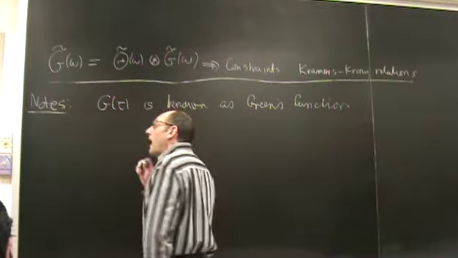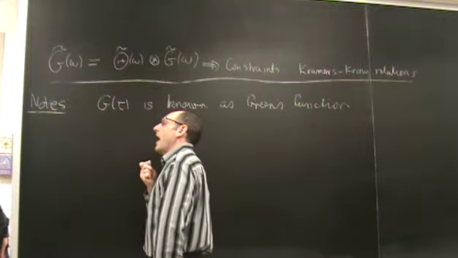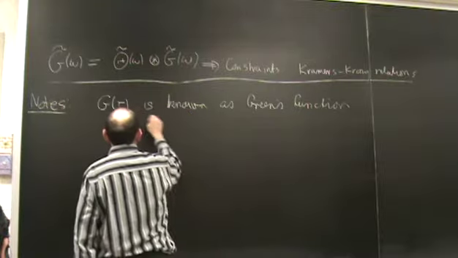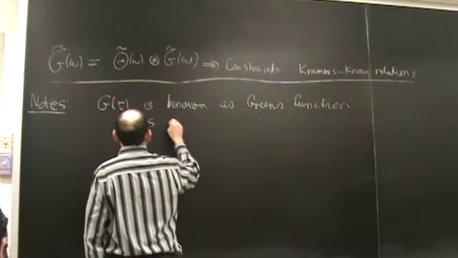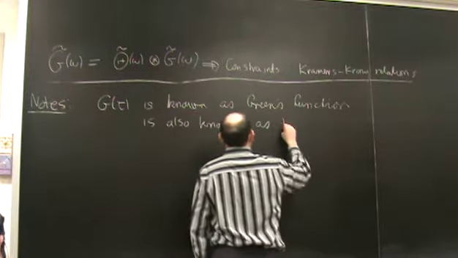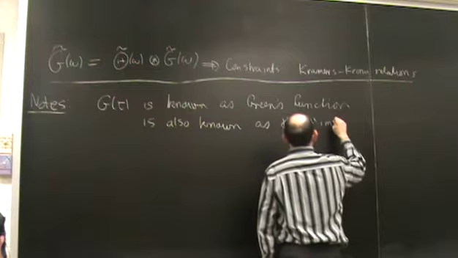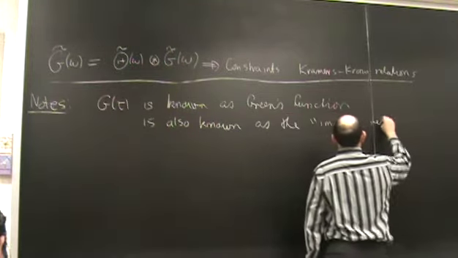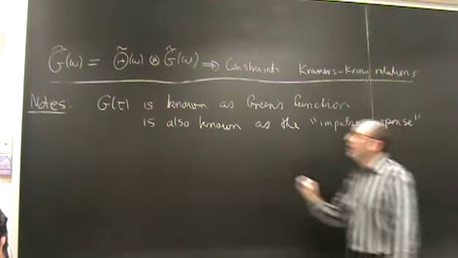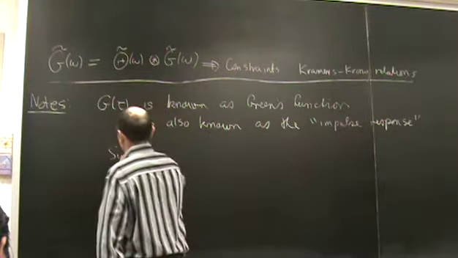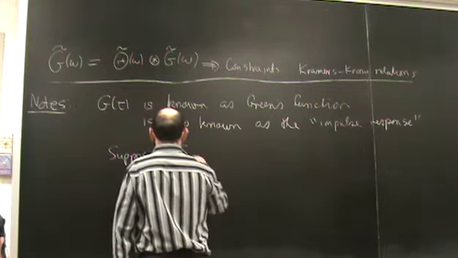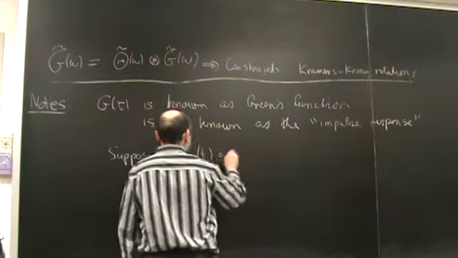So how do I understand an interpretation of G? Well, G is also known as the impulse response. Why do I say that? Well, let's suppose that the input signal itself was an impulse.